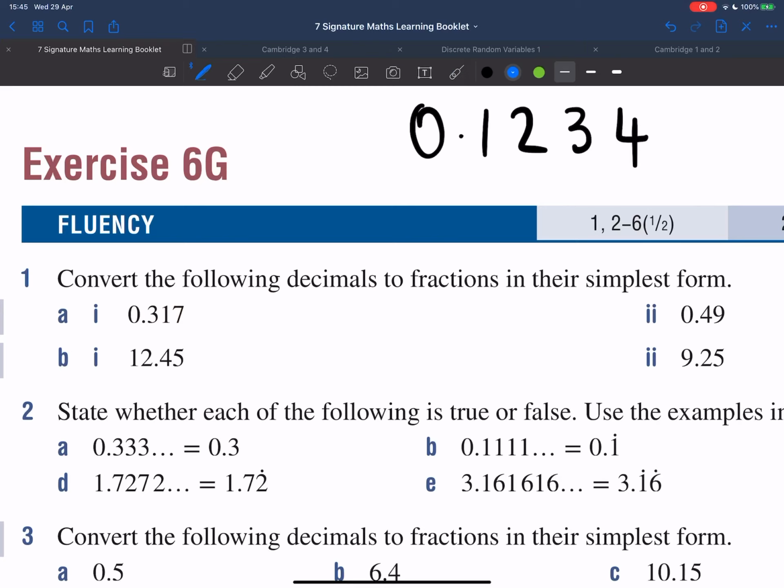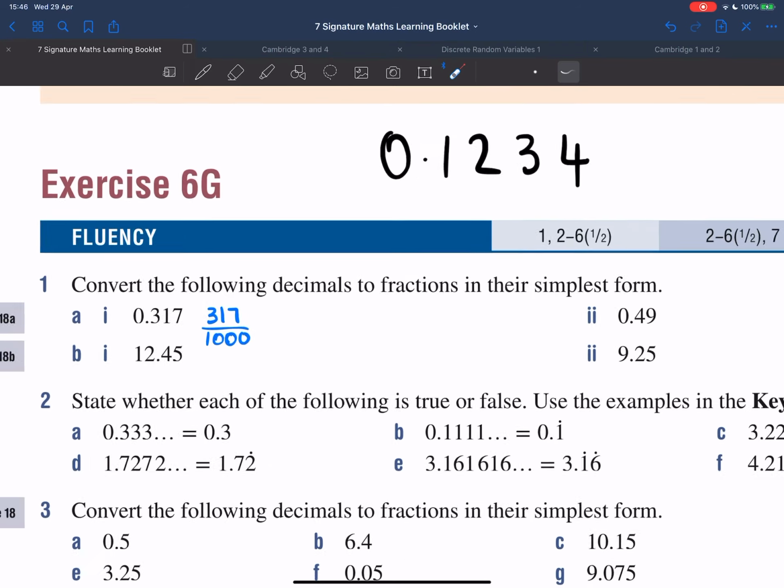So the way we convert this to fraction is by doing this. 317, instead of writing thousandths, no, you don't do that for this question. We divide, so we turn it into a fraction, and on the bottom goes 1,000, because this is 317 thousandths, right? There's 3 zeros, thousandths.